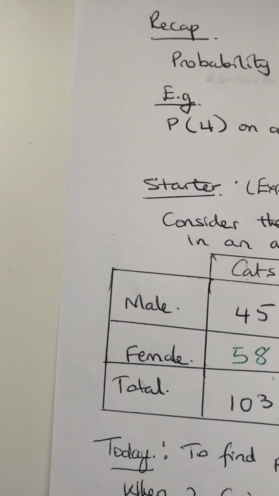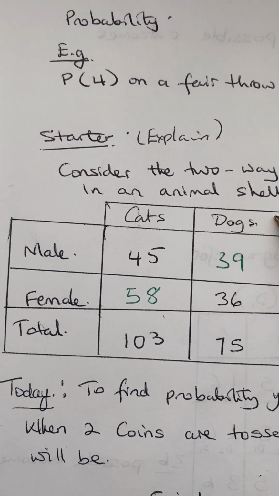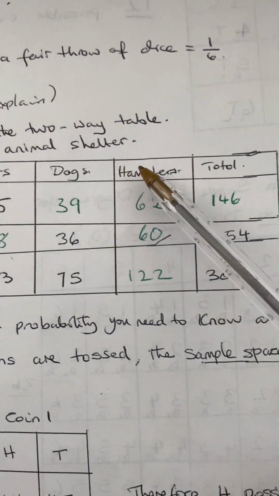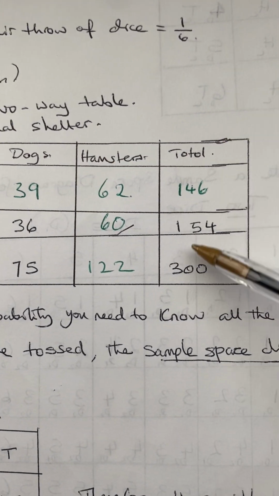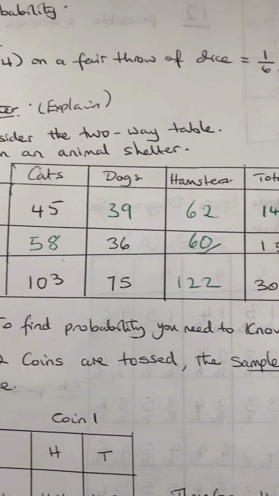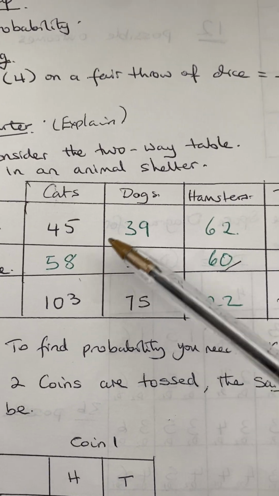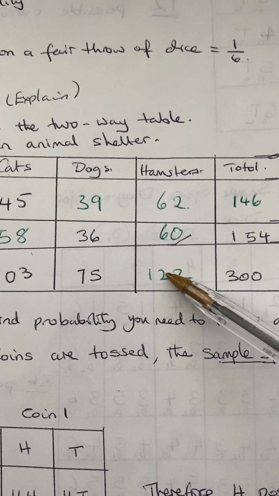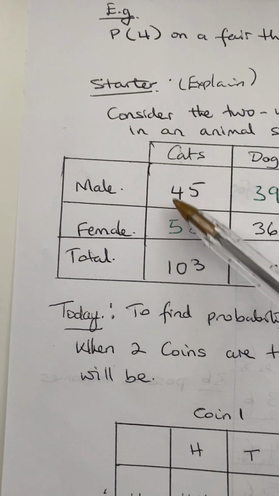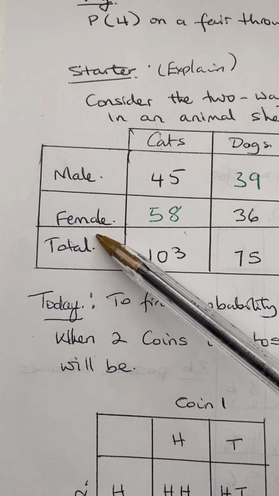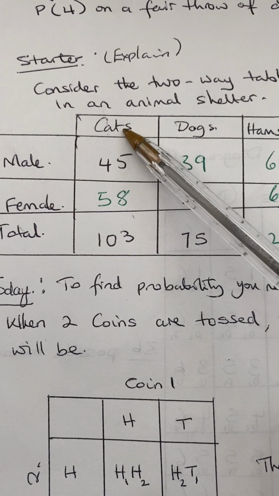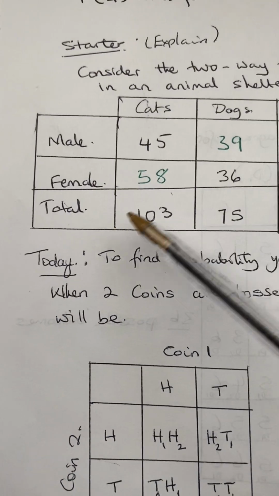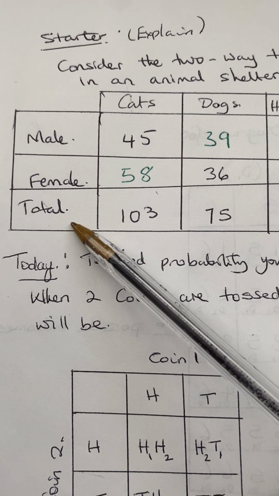This is of an animal shelter. This shelter has cats, dogs, and hamsters. The total is 300. Now, the green numbers, you have to find them. They have male and female cats, dogs, and hamsters.